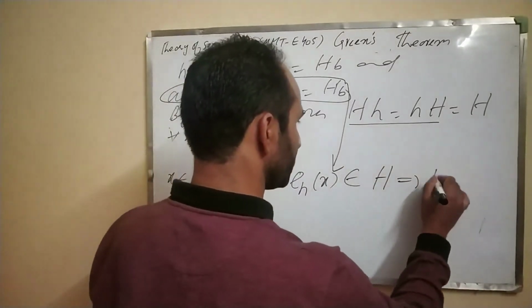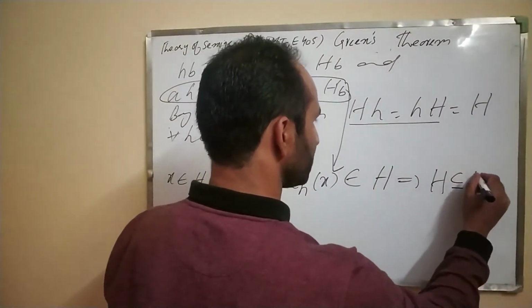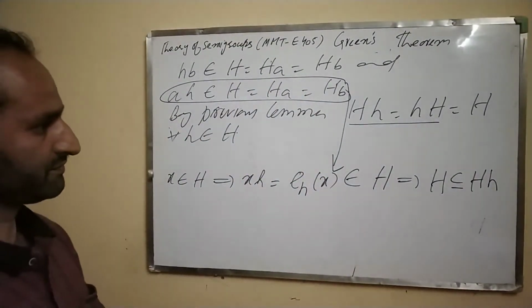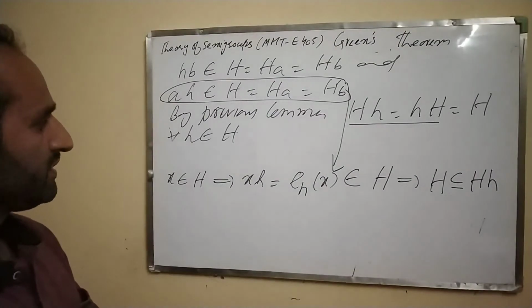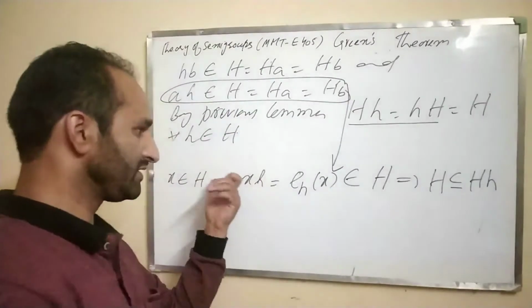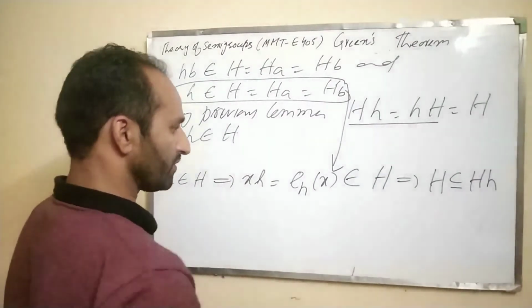So this implies H is a subset of HH. And conversely, if I choose any element X, then X times H belongs to it by the same argument.